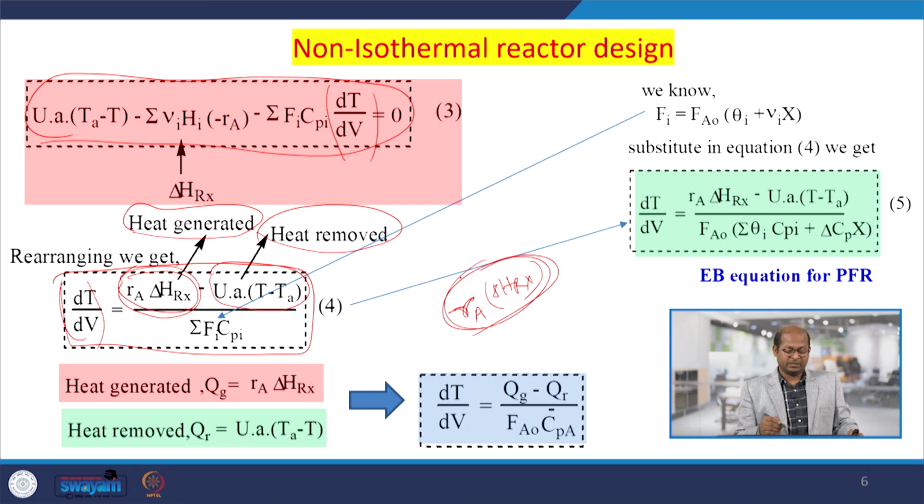So, from the reacting system this part is coming, therefore it is called heat generated. If it is exothermic, then heat generation should be there, and this is the heat removal term, that is coming from the coolant that is supplied to the outside of the reactor. So, therefore, it is the overall heat transfer coefficient times the heat transfer area per unit volume, and this is the temperature difference, reactor temperature and ambient or fluid temperature. So, this is the heat removed by the coolant or heat exchanger.